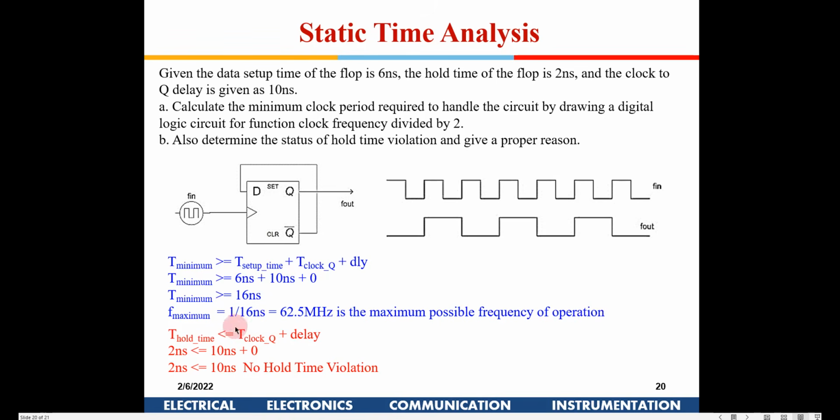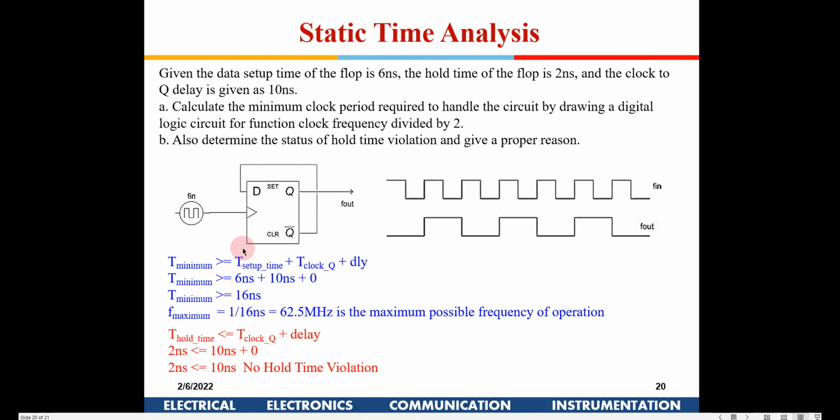Now what about the hold time, right? Once the clock goes high here, immediately this data is available here. T hold says that at least for 2 nanoseconds the data needs to be held here.